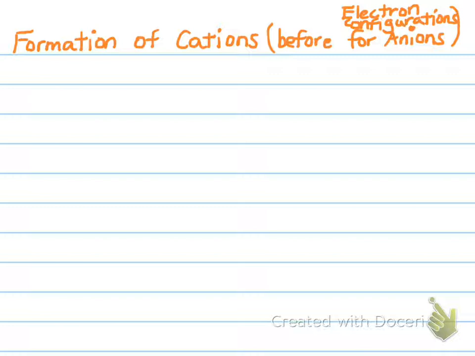So we talked about the octet rule, right? And the octet rule states that in forming compounds, atoms tend to achieve the electron configuration of a noble gas. An octet is having a set of 8 valence electrons. So specifically, we have 8 electrons in our highest occupied energy level, and we have the electron configuration ns2np6.